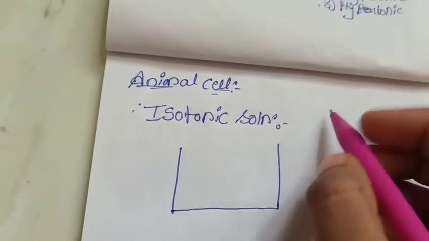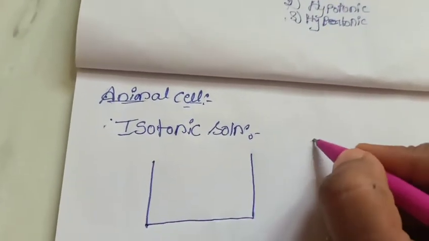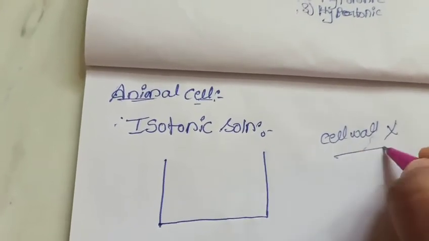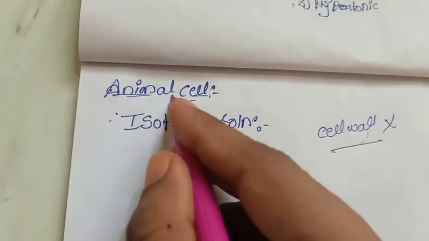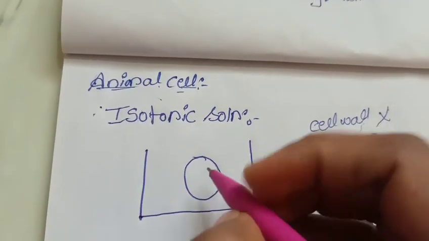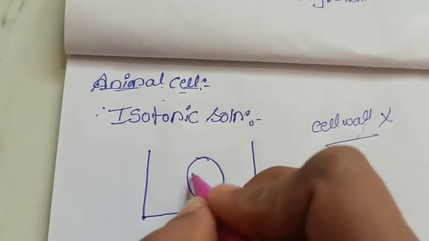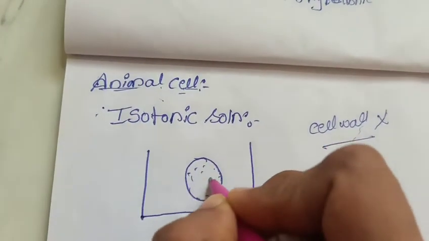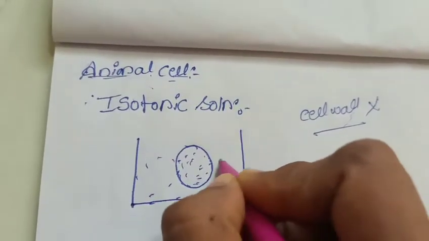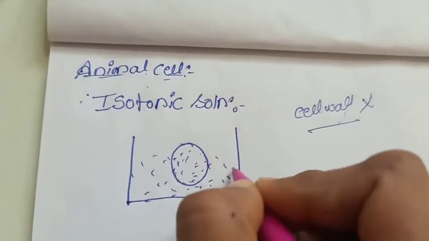Listen carefully: we know that in an animal cell there is no cell wall. So I am drawing the cell as a circle, and there is material inside it and outside the cell. This material is the cytoplasmic material.